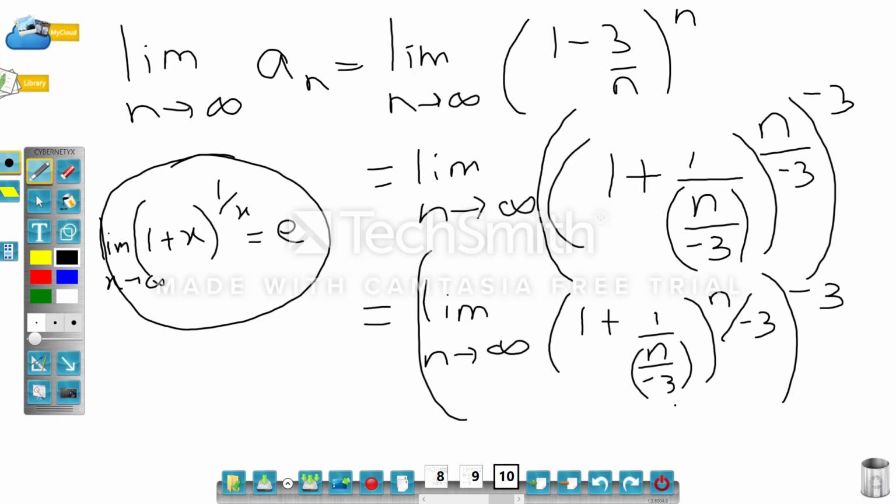Now here this is basically my x, and its reciprocal is in the base. So this limit is e, and it is e to the power -3, which is 1 upon e cube.